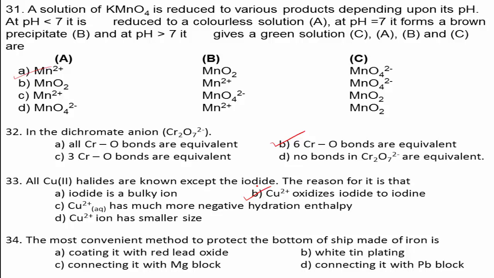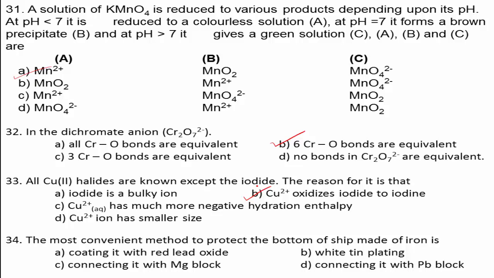When you observe the options for this question, there is another option, that is option C, for sacrificial protection of pipelines, fires and ships against corrosion. Ingots of magnesium are connected to steel structures. Being more electropositive, they corrode preferentially.